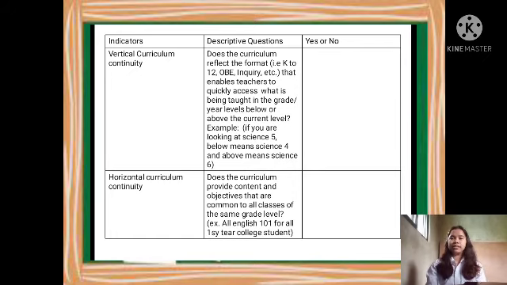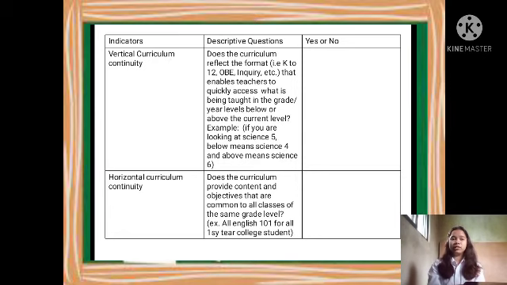The descriptive question is, does the curriculum reflect a format that enables teachers to quickly assess what is being taught in the grade or year levels below or above the current level? For example, if you are looking at Science 5, below means you are looking for Science 4, and above means you are looking for Science 6.